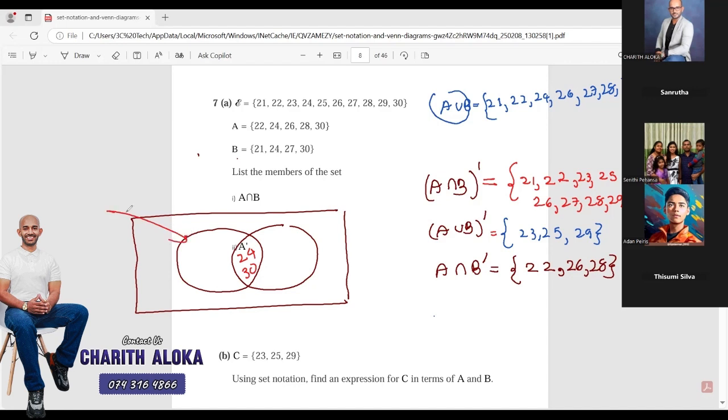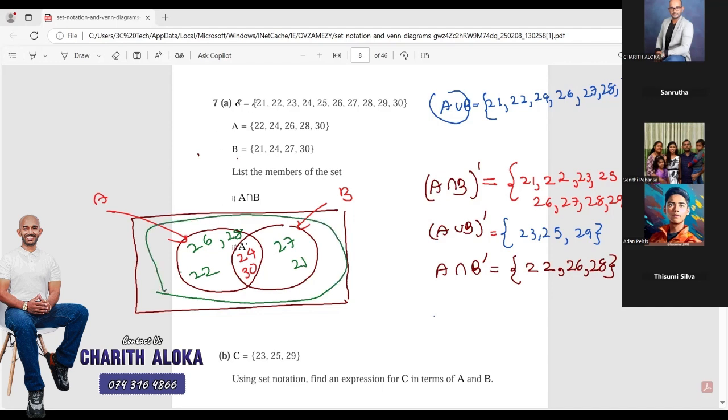And this one we can label as A. Then, son, what do you put? 24, 30. Then 26, 28, 22. For B, put 21 and 27.